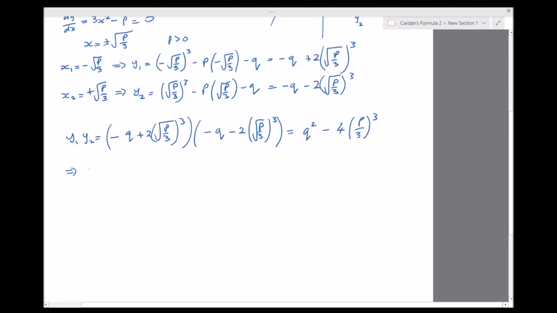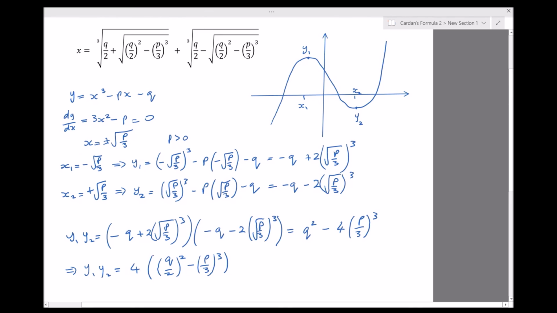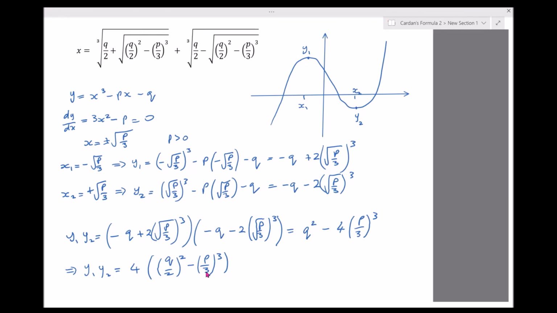And if I take the 4 out, that gives me 4 times q over 2 squared minus p over 3 cubed. And if you look carefully at the formula, you will see that what we have down here, q over 2 squared minus p over 3 cubed, is exactly what appears underneath the square root sign.